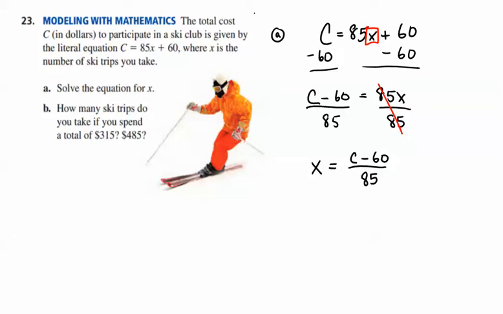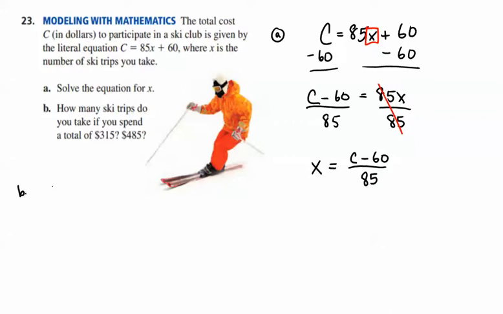How many ski trips do you take if you spend a total of $315 or $485? Well, let's use this formula. We could go back to the original formula and plug in, but this one is probably a lot more convenient.